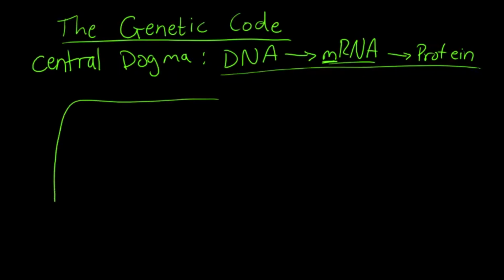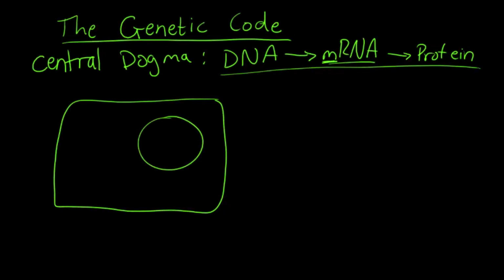you probably learned this in Bio 180, but here's our cell, there's a nucleus. The nucleus has DNA inside it, and a portion of that DNA, not all of it, but say this little segment here, is transcribed into RNA.